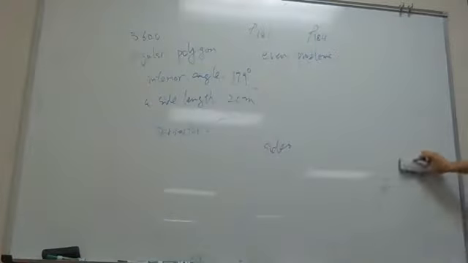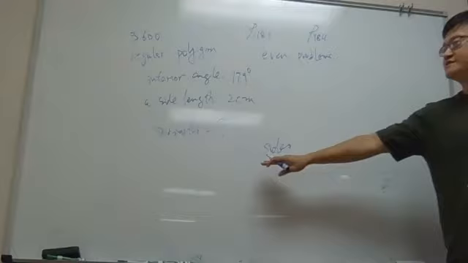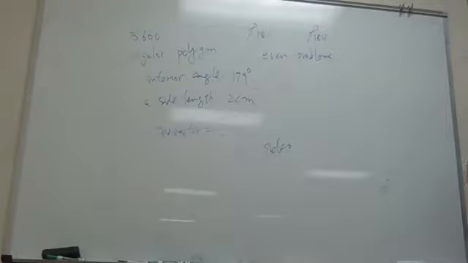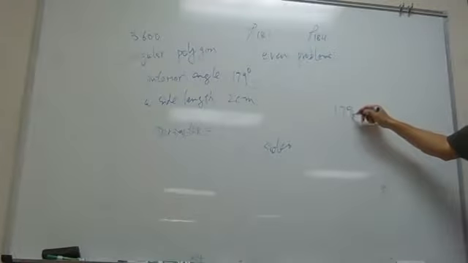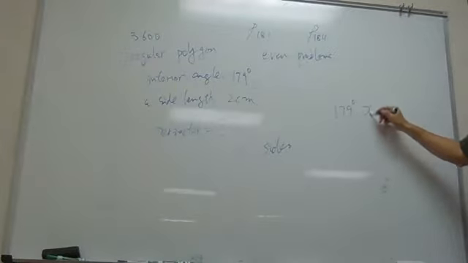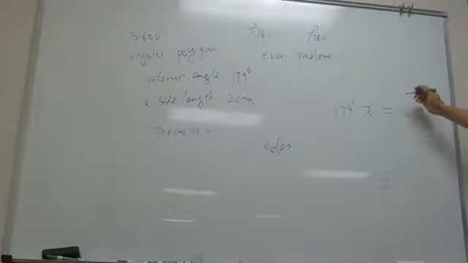So basically there are x interior angles, right? So one of them is 179. So if you add all of them up, you should have 179 degrees times x. That's only one hand. On the other hand, if you add up all the interior angles, how many degrees do you have? It's x minus 2 times 180, right?